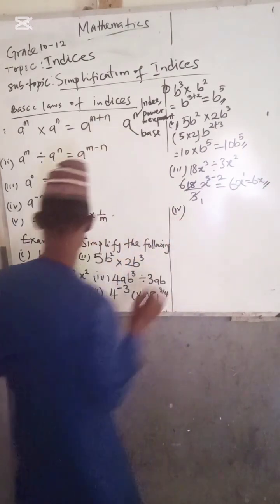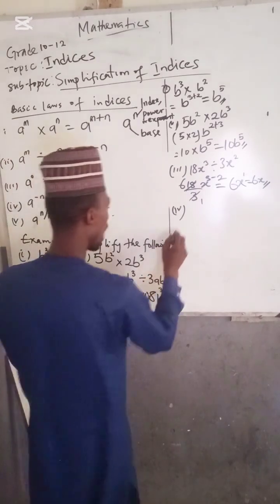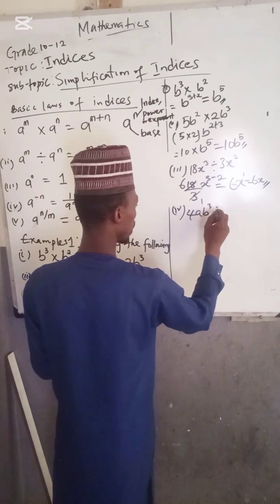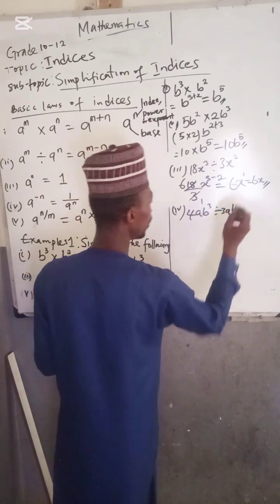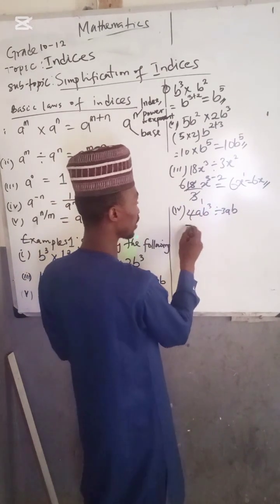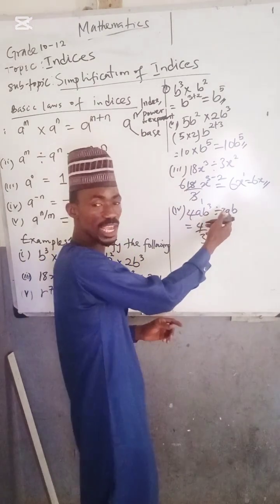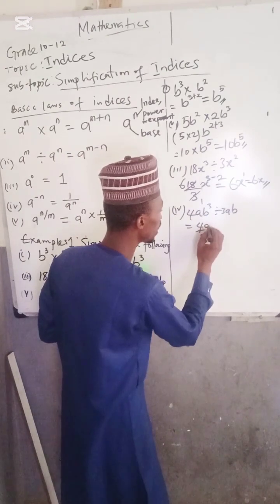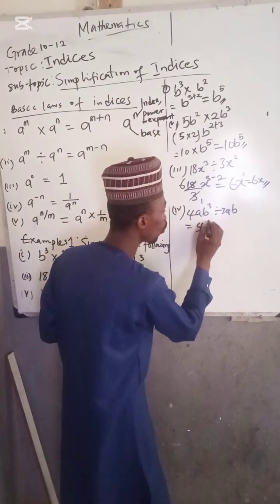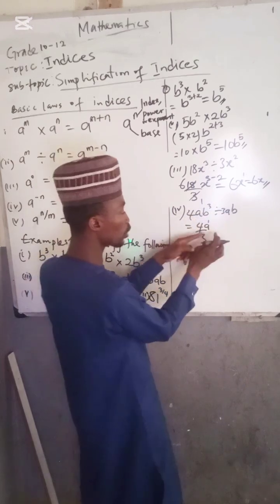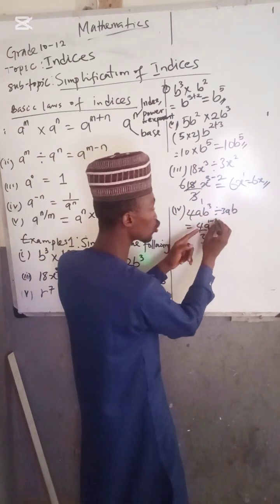The fourth one is 4ab raised to power 3 divided by 3ab. Remember, these two numbers are different, so take it this way. We have a here, and we also have another a here. Therefore, we can say a raised to power 1 minus 1, since it is division and the bases are the same, pick one base and subtract the powers.